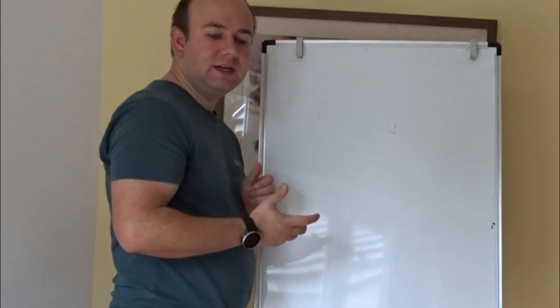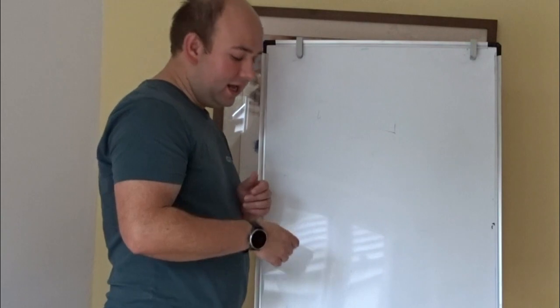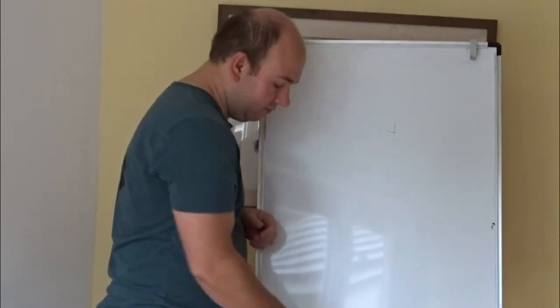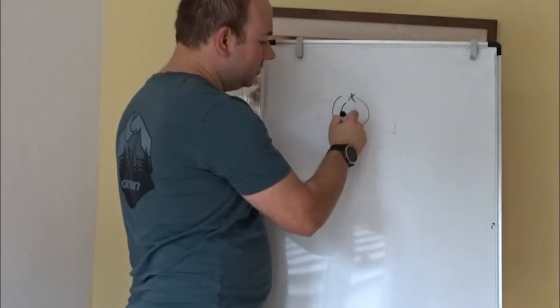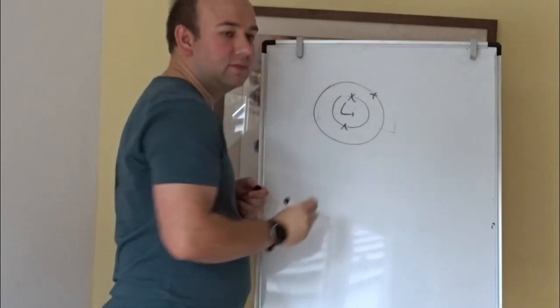And what I mean by the opposite reactivity is the reason why something like lithium is very reactive is because it has one electron in its outer shell. So if we were to draw it, it would be 2 electrons on its inner shell, and then on its outer shell, 1 electron.